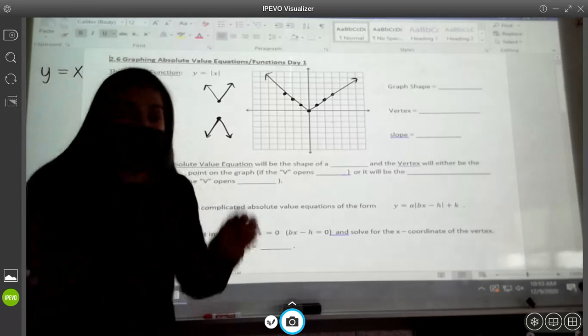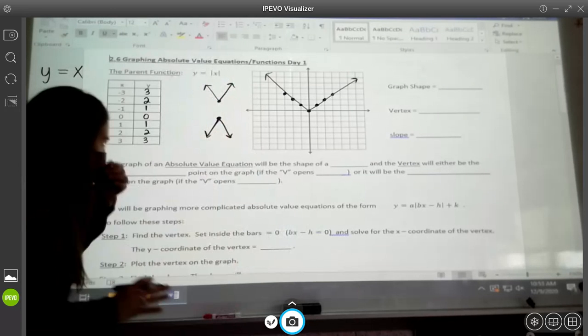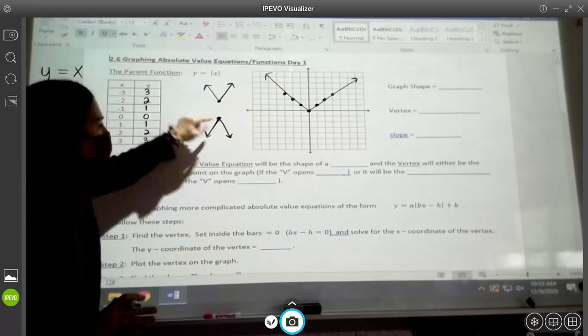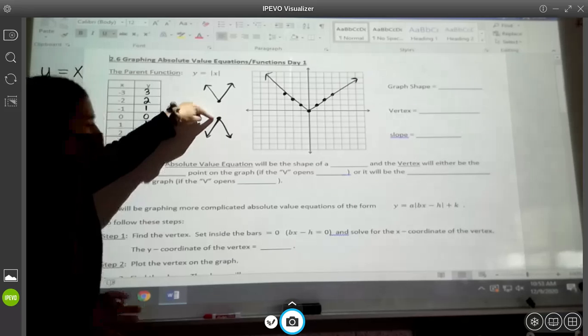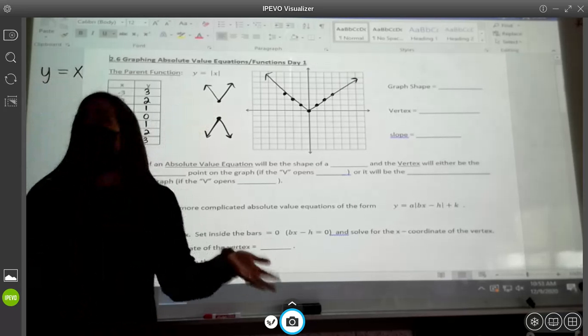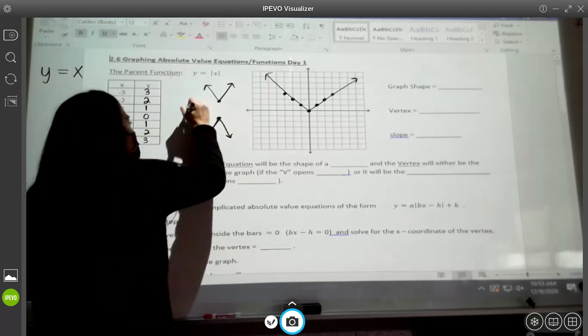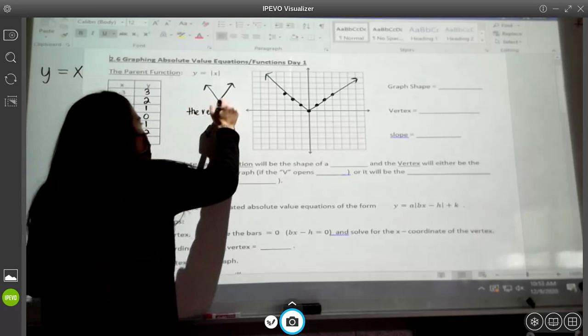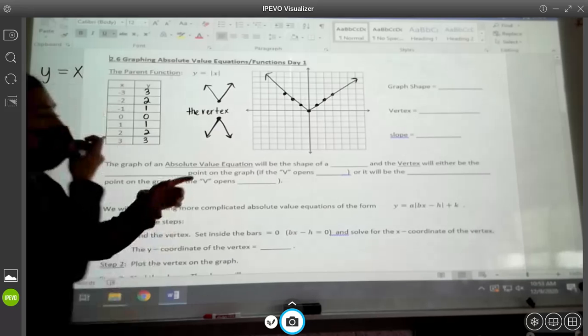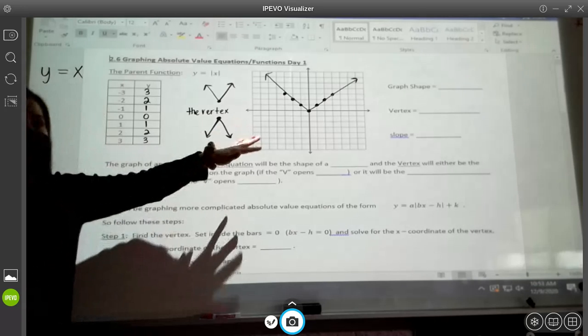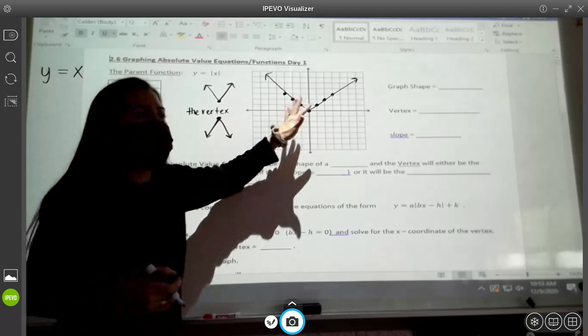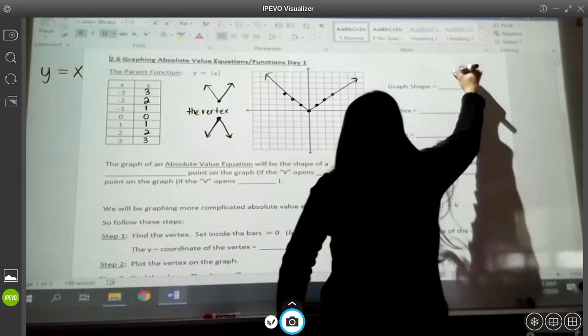Okay, so these two points here, the lowest or the highest point, they're probably the most important point on the graph, and we call it the vertex. Okay, now, on this graph, because his equation was so simple, yes, the shape of his graph was a V that opened up.